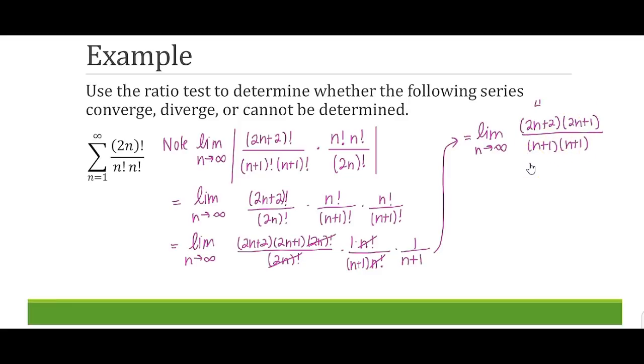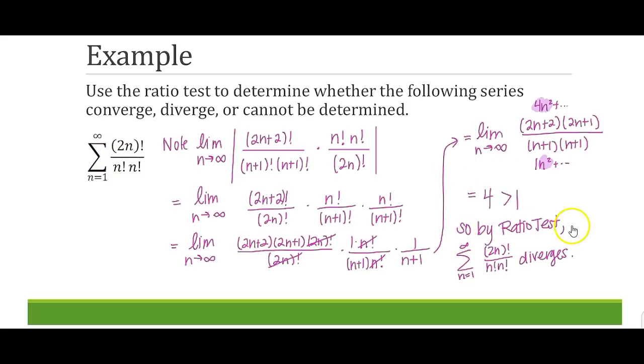So on the top it would end up looking like 4n squared plus, I don't even have to worry about the terms that have a lower power, and then here I'd have n squared plus some other terms. The bottom line is that if I think about end behavior, I end up with just the leading coefficient, 4 over 1, so this is equal to 4. And since this is greater than 1, the ratio test tells us that this series diverges. And we finish writing out our conclusion.